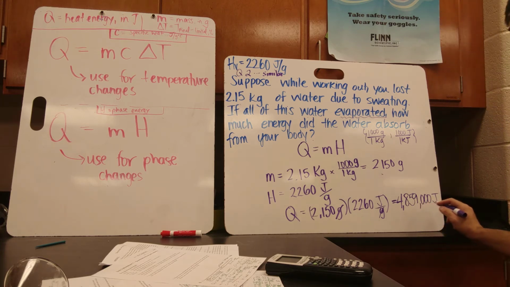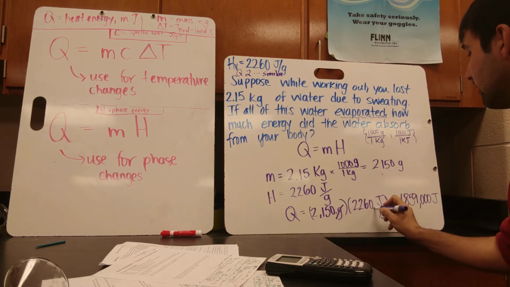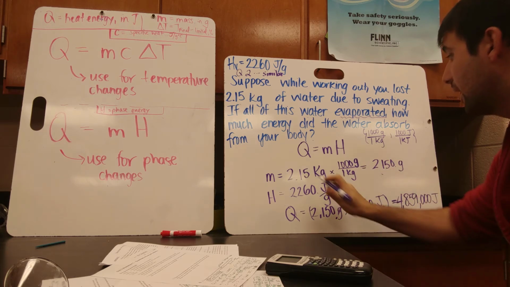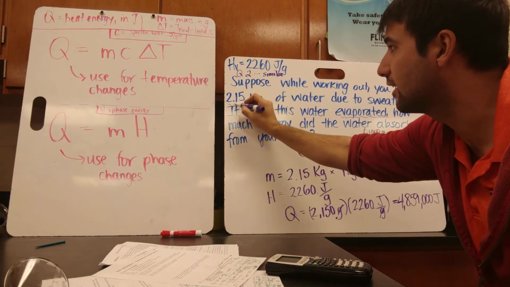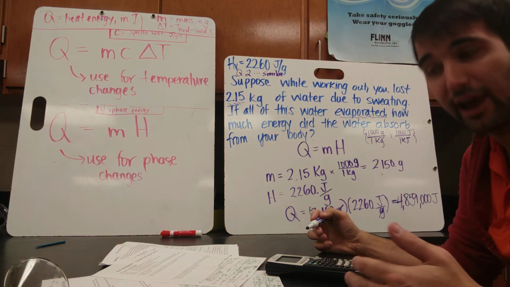4,859,000 joules. Now, how many sig figs do I need? Assuming that I have a decimal point at the end of all of these, my mass had 3 sig figs, and my Q has 4, so my answer needs to have 3 sig figs.